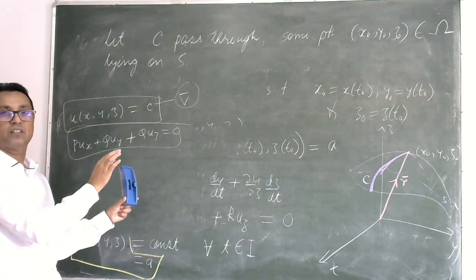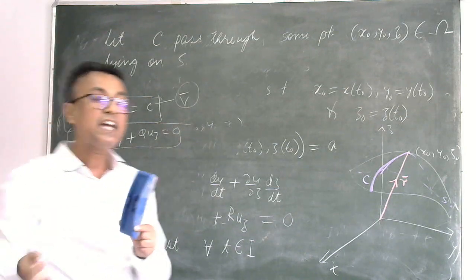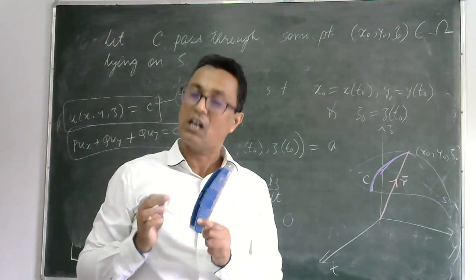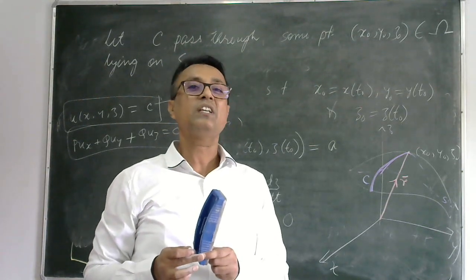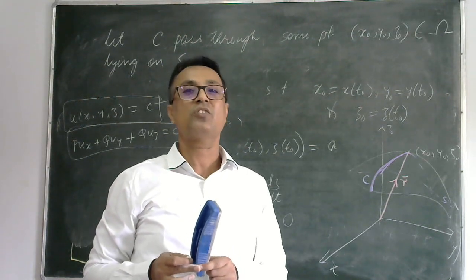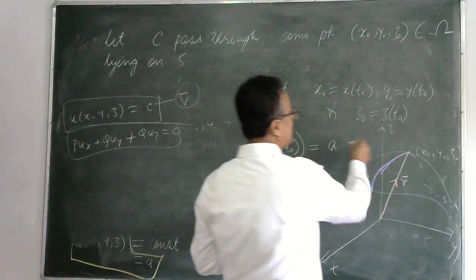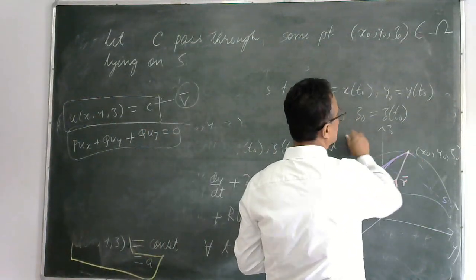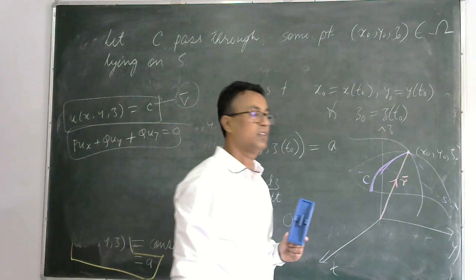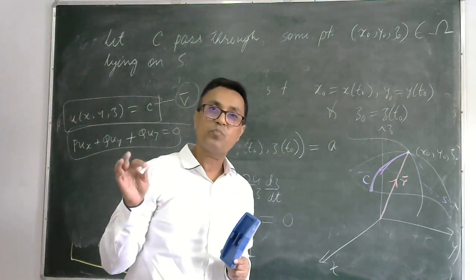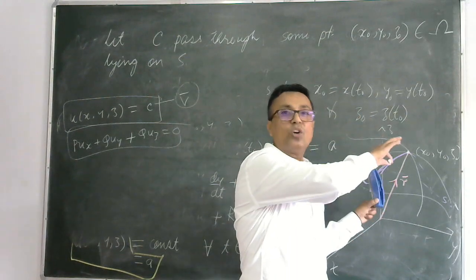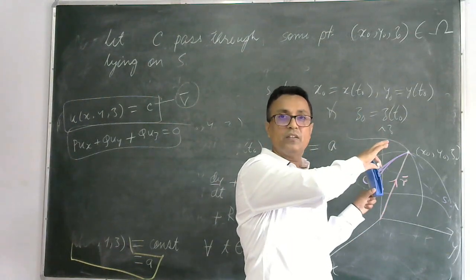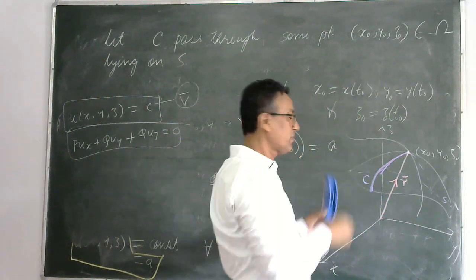Because I have been given an integral curve, but I still don't know whether that curve is going to lie on the surface or not. As I have told you, any curve passing through this can be something like this, isn't it? So we have proved that if this curve is an integral curve, it must lie on the surface itself. Is it okay? Fine?